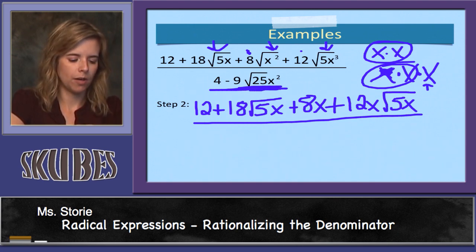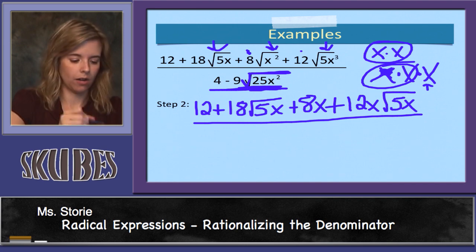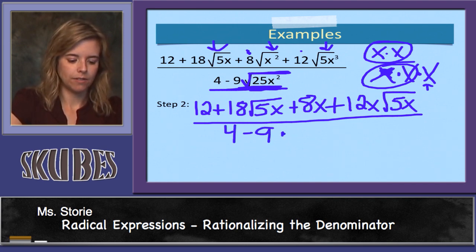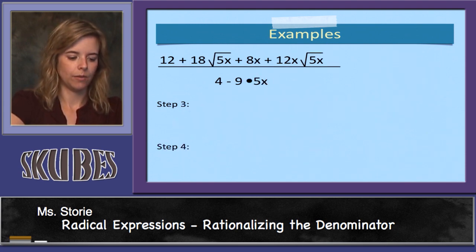Those are not primes. Those are perfect squares. We can pull out something from 25 because 5 times 5, we've got a pair. So we can have 4 minus 9 times 5, and then you've got an x squared. What's the square root of x squared? It's x. So here we go. We've got everything reduced, simplified as far as it can go.